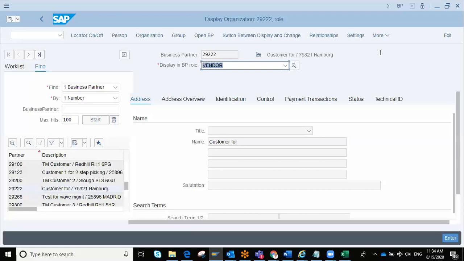So these are the burning examples where an employee can be a vendor, an employee can be a customer of a company. So for this, business partner involves three entities: customer, vendor, followed by employee.